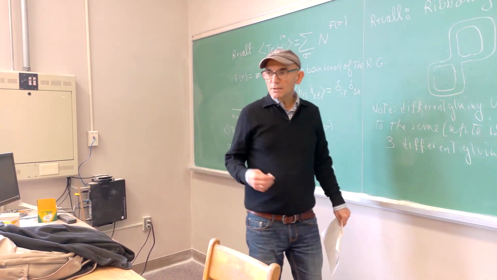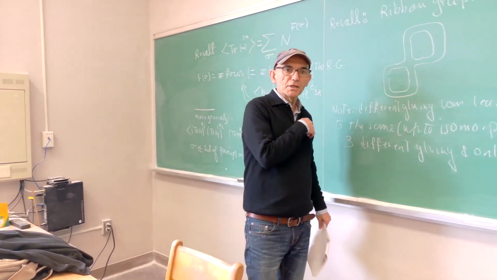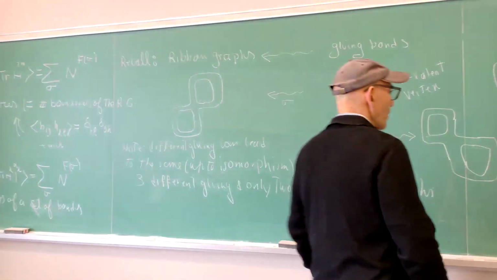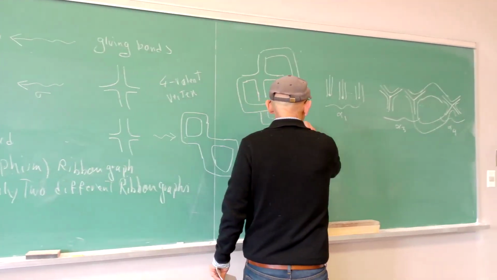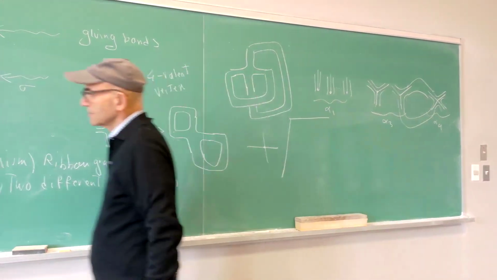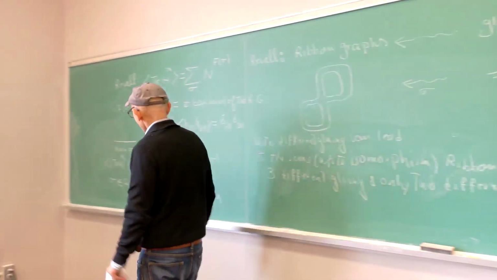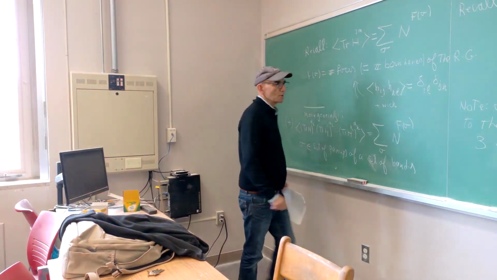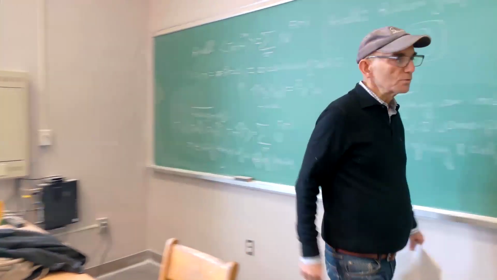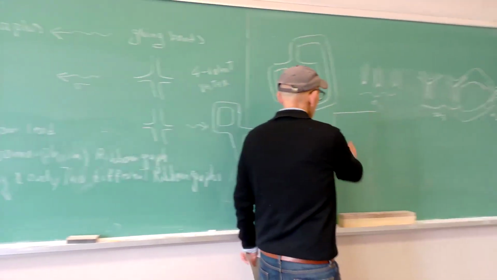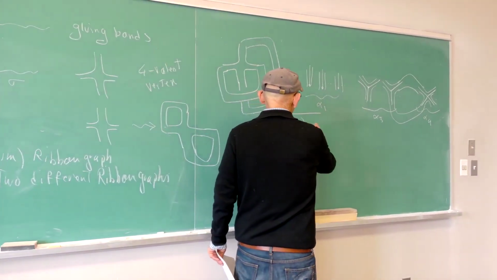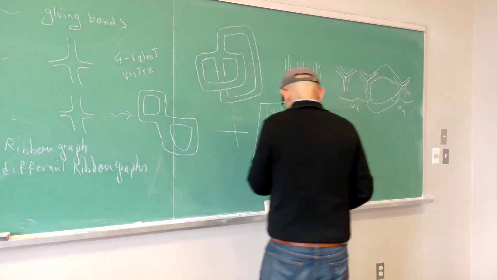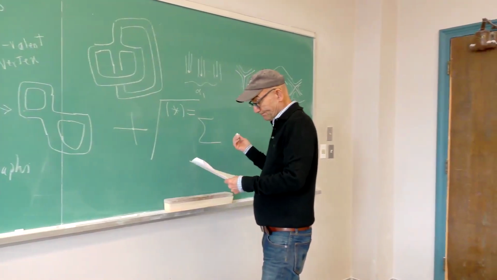So now I can write the same thing in terms of summing over ribbon graphs. So if you are interested in knowing this, then we can say star is actually equal to the sum over gamma.